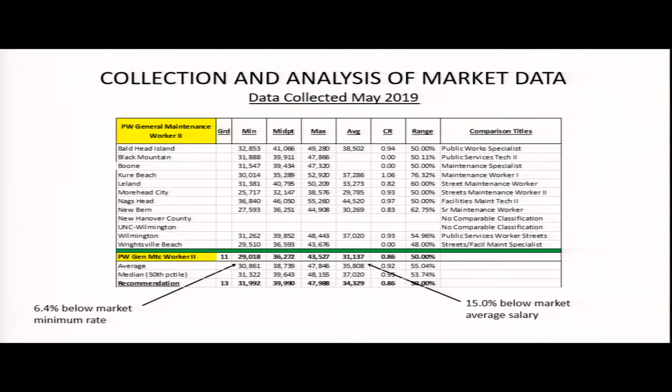Now, this is one of your maintenance worker 2 classifications. Again, there's the individual data from all of those other local governments. One thing I didn't talk about in the first slide is that column next to average, the column that's titled CR. That's the comp ratio. That's the measurement back to the bell curve.